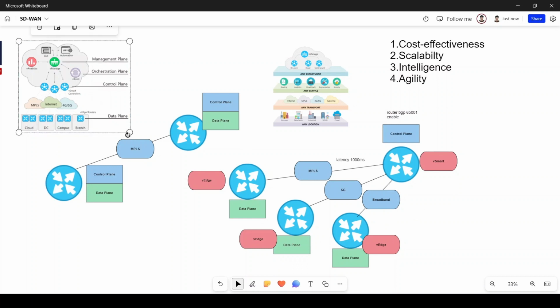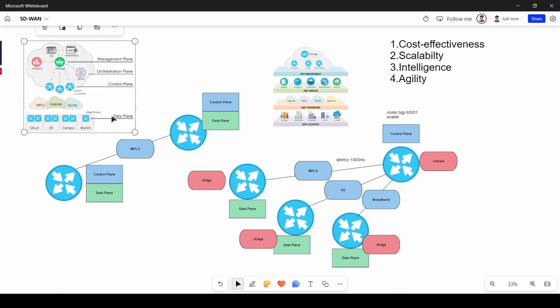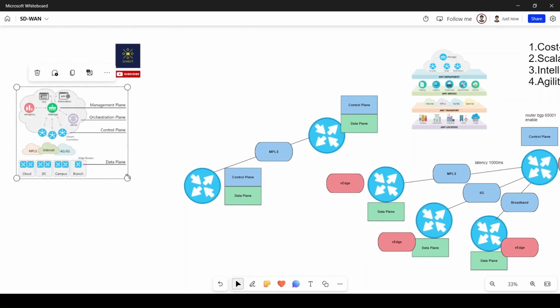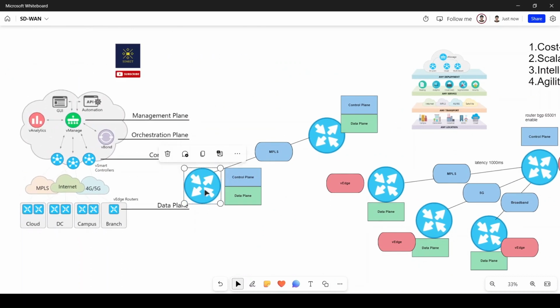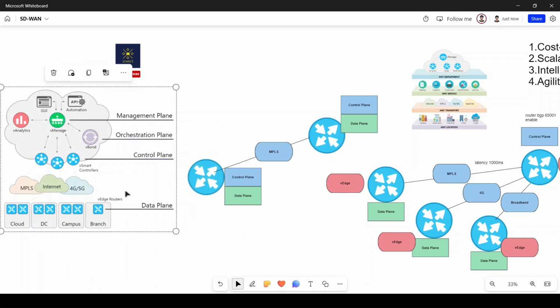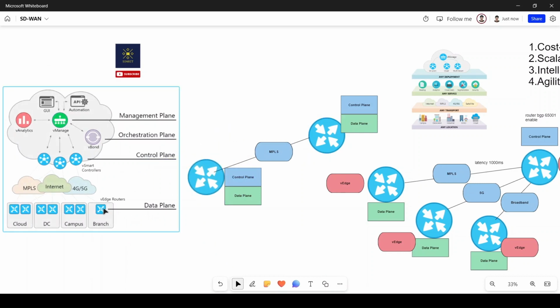As you can see, I have a picture here of the SD-WAN architecture. We already talked about the data plane. Let me actually perhaps zoom in or increase the size of this picture. So as you can see, we already talked about the data plane, the forwarding plane. We have the underlying infrastructure consisting of edge routers, vEdge routers. vEdge routers could be hardware appliances or software appliances.